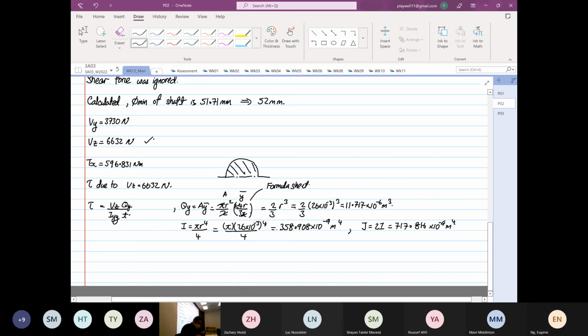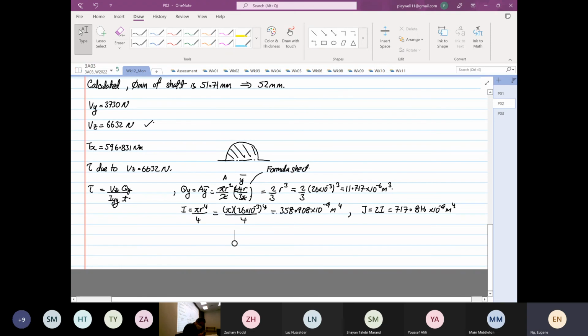Okay, so I can quickly calculate our shear stress. Our Vz is 6632. Our Qy is 11.717. Our Iyy is 358.908 times 10 to the power minus 9.